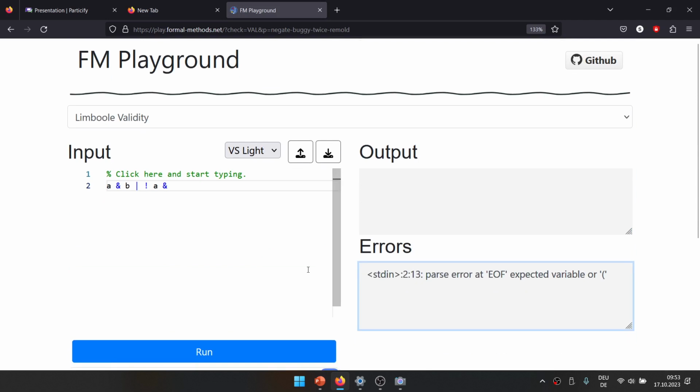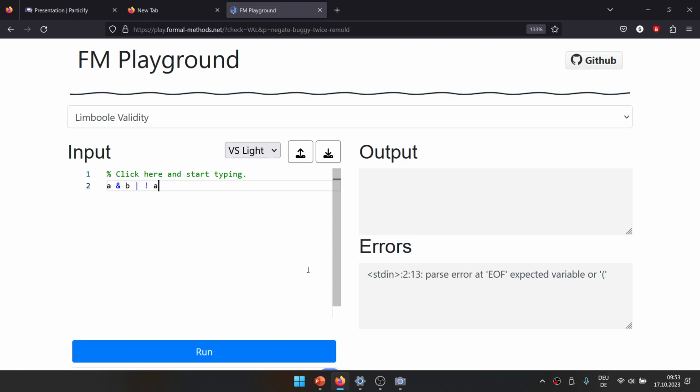This thing fully runs in your browser, so it doesn't execute Limboole on the server. There's this thing called WebAssembly, and there are some cross compilers from, I think, C to WebAssembly. So if you put really, really big formulas, it's going to block your browser. Your browser might crash or become unresponsive. But all the formulas we use here should be fine.